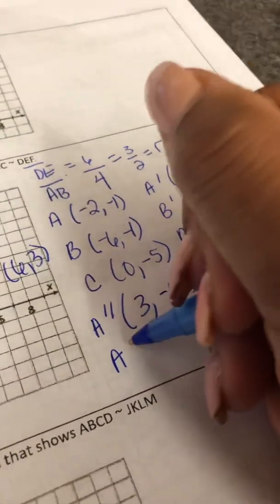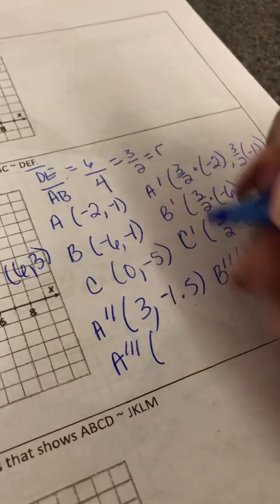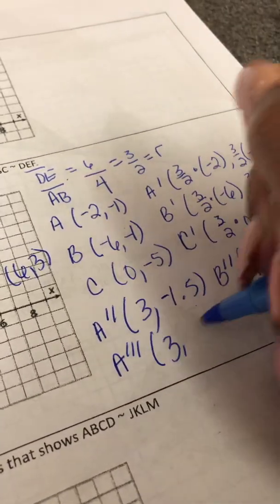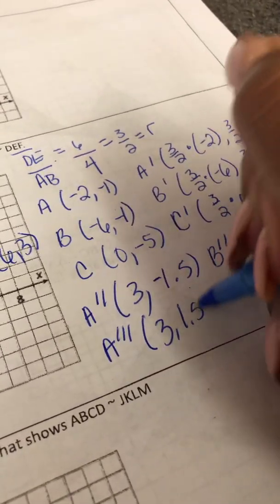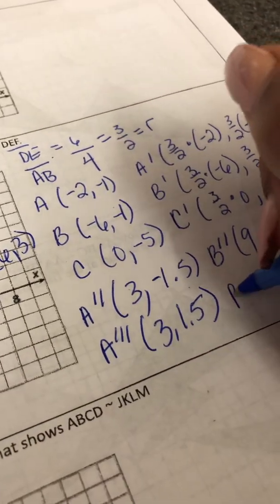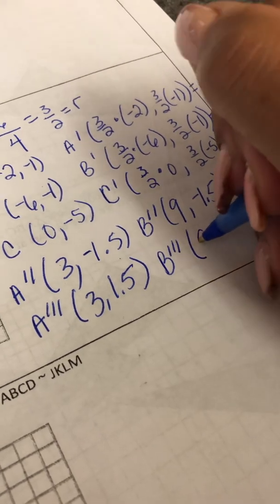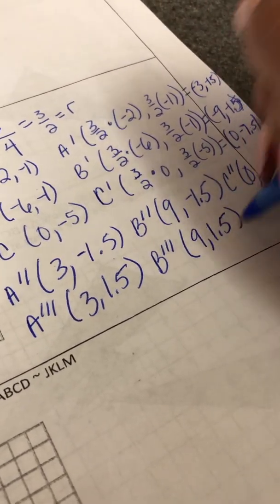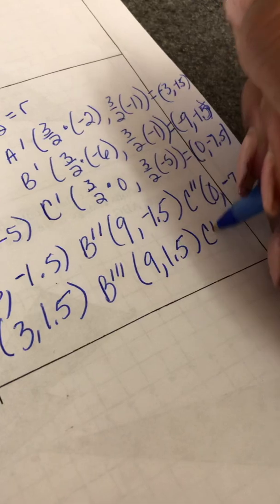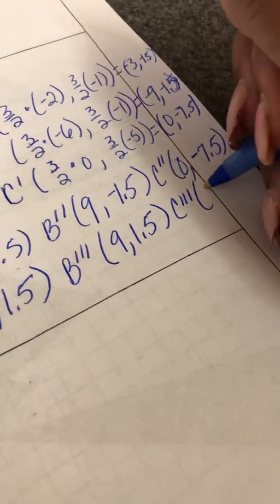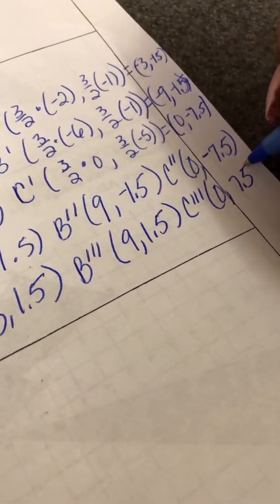So A triple prime will be 3, 1.5. B triple prime, which will be 9, 1.5. And my C triple prime, which will be 0, 7.5.